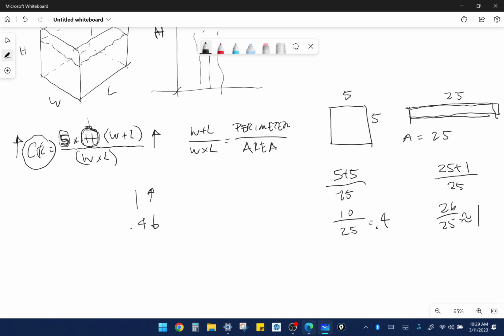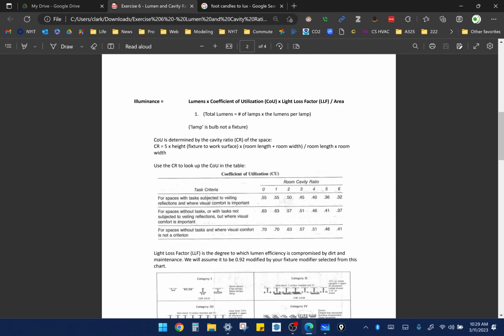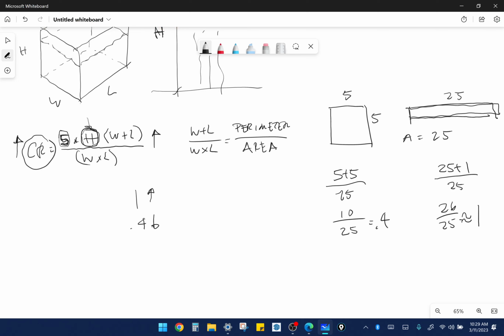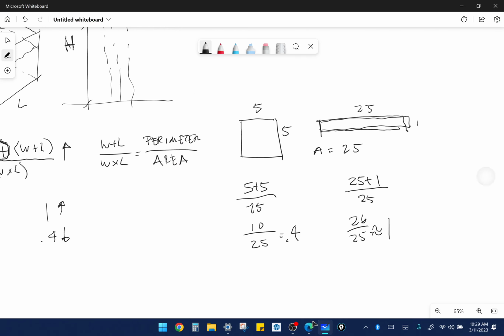Let's see if that works, because intuitively I would think, well, that's weird, because it seems like we're talking about reducing the amount of light. Because to me, if I've got a light here, it's going to be less efficient at getting out to here and here than a light right here is going to be. So this should be more light, not less.